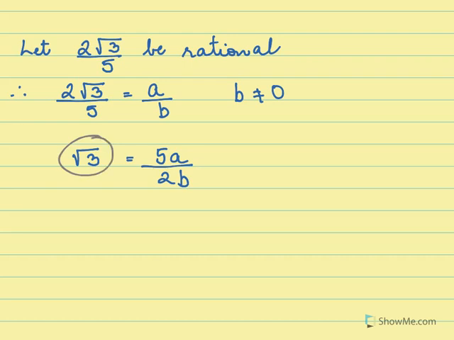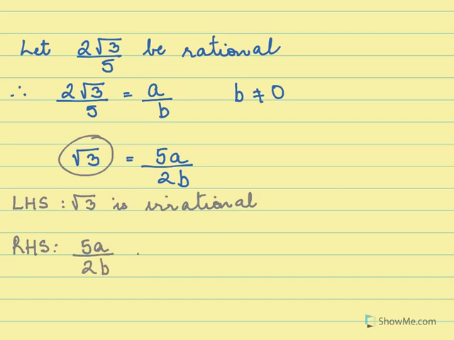This is the left hand side. Left hand side, root 3 is irrational, already proved. And the right hand side, 5A over 2B is rational.